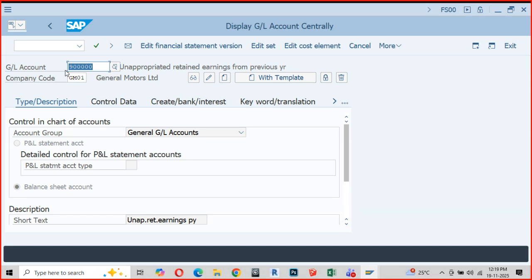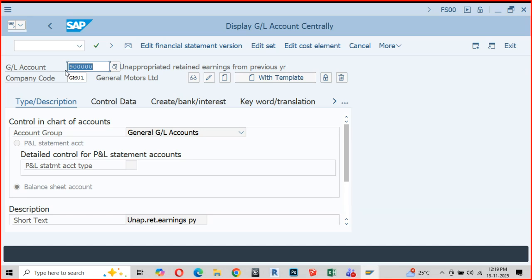Clear, students? It is nothing special. It is just a general ledger account. And as far as this particular general ledger account is concerned, the 9 lakh, it is a standard.